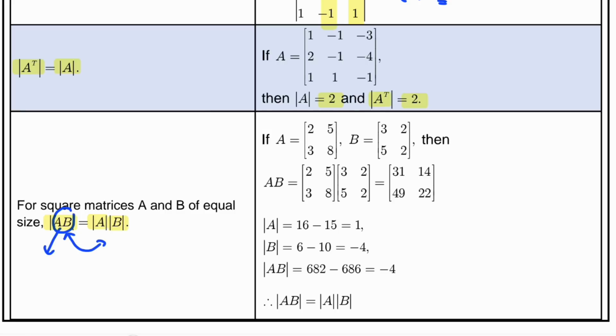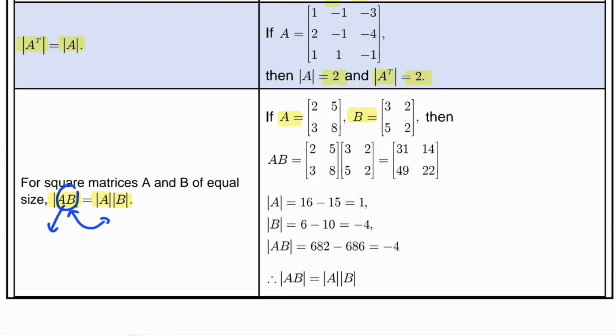For example, if you are given a matrix A and a matrix B, and you already calculated the determinant of A, which is 1, and the determinant of B is equal to negative 4, and the question asks for the determinant of AB, you just skip the multiplication.